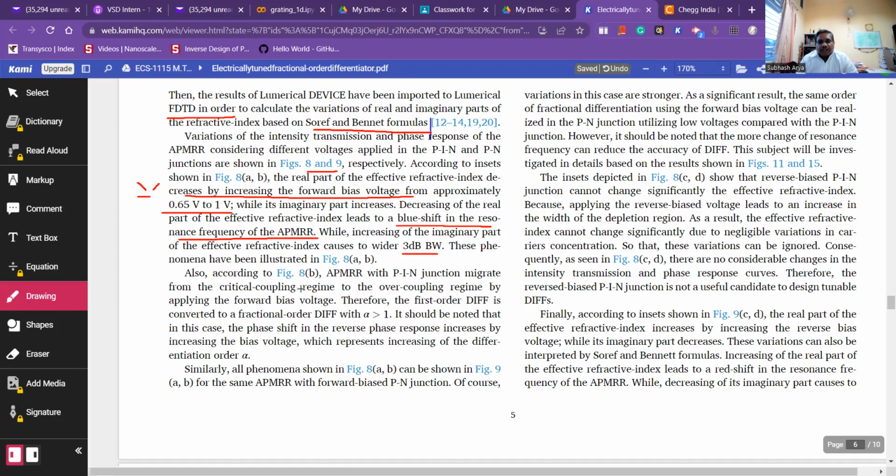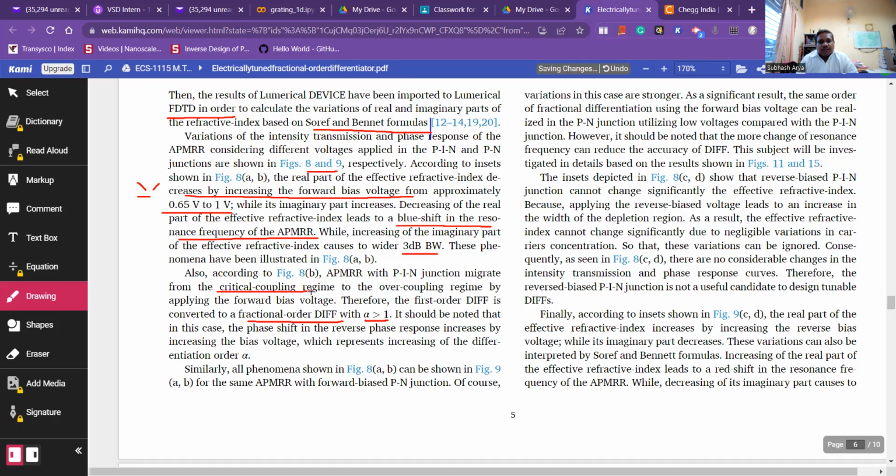Also, according to figure 8b, the all-optical RR with PIN junction migrates from the critical coupling region to the overcoupling region by applying the forward bias voltage. Therefore, the first order differentiator is converted to a fractional order differentiator with alpha greater than 1.